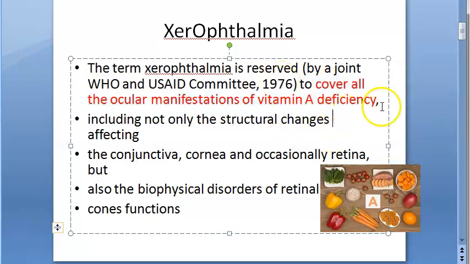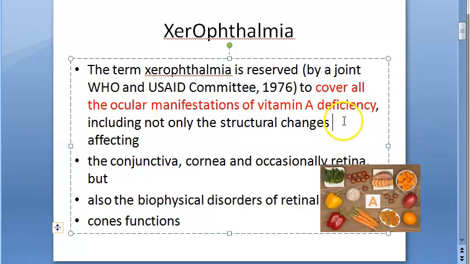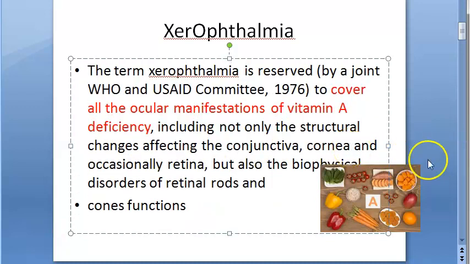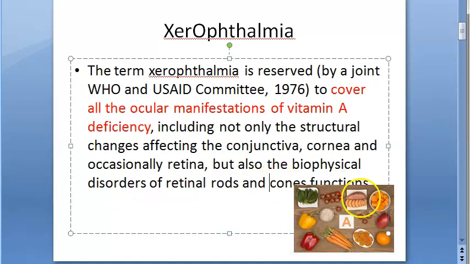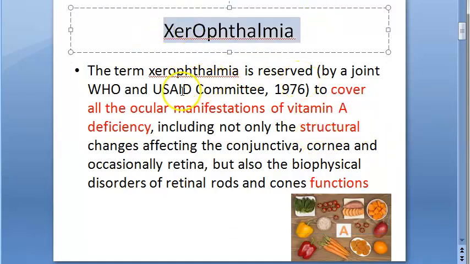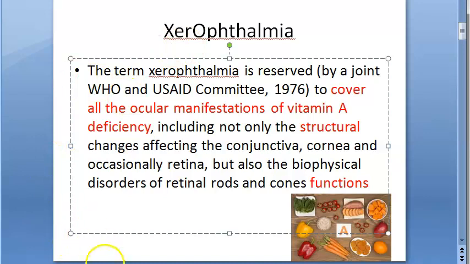Not only structural changes, they are saying, but even if there are biophysical disorders of the retinal rods and cones function. So even if there is a function problem, even if there is a structure problem, whatever it is, if it is caused by vitamin A deficiency, they are bringing it under xerophthalmia.